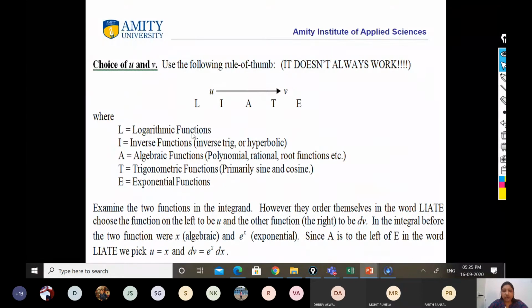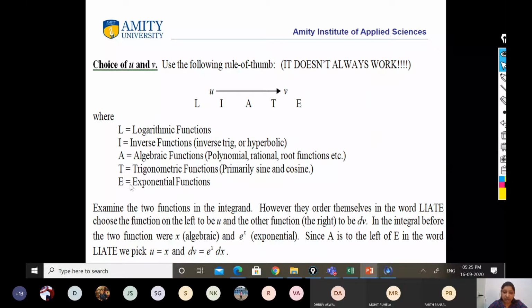Yes. Now we follow a rule to find which function we will take as the first function and which function we will take as the second function. One way is to check whether the integration is possible easily.